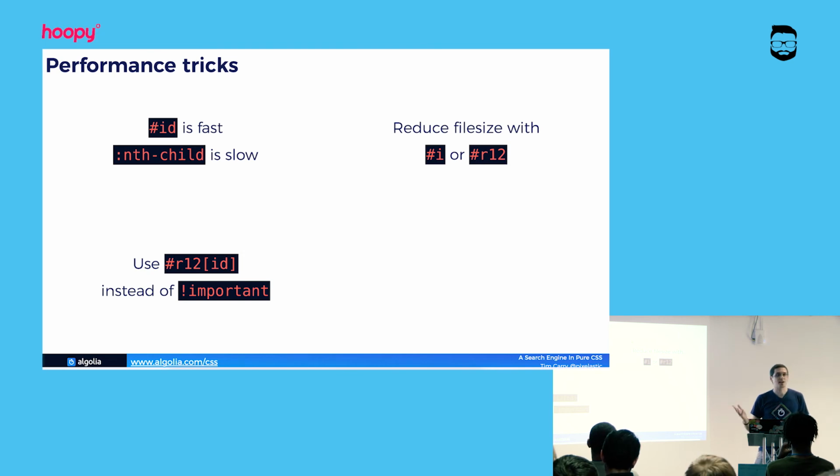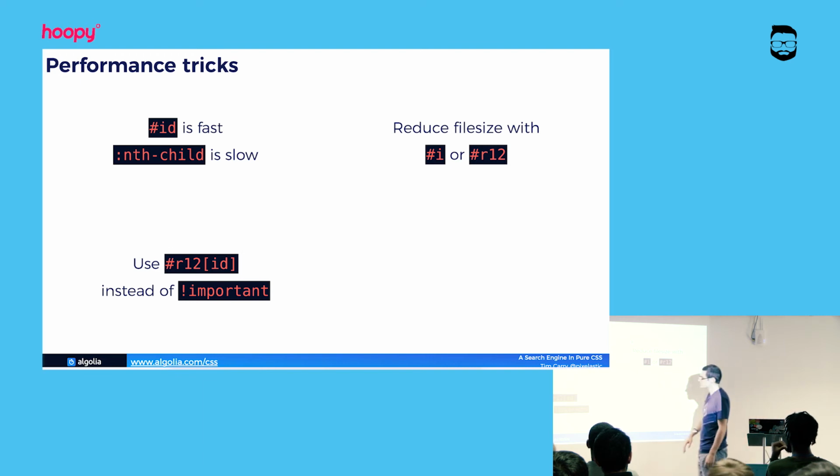Same, sometimes I had to use important in my CSS rules to override previous rules. But when you repeat important thousands of times, it's taking a lot of the file size. So I used the trick to over-specify an element.